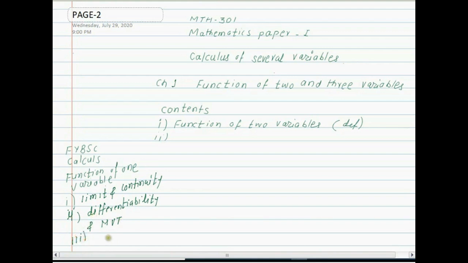Then successive differentiation. That is finding the nth derivative of y. Y is given, to find yn.